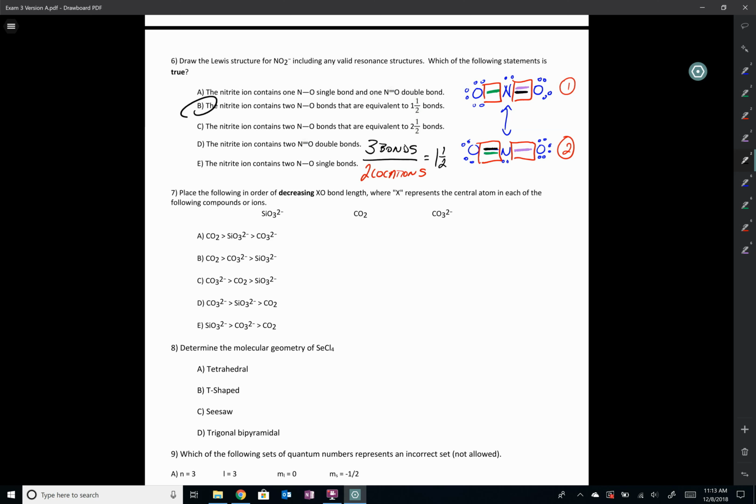Question 7. Rank the following in decreasing bond length, decreasing bond length from the central atom. First things first, we should always draw Lewis structures.